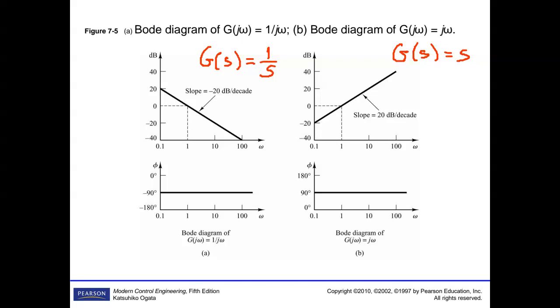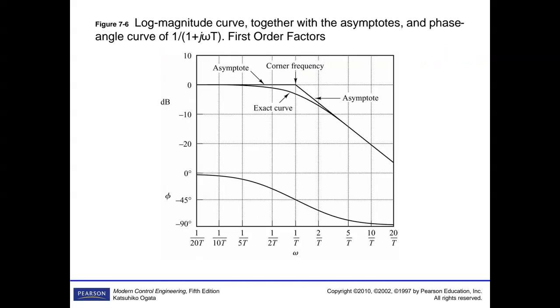Şimdi gelelim böyle bir grafiğe. First order. 1 plus, bunun aslında S domain karşılığı G(s) is equal to Ts plus 1.